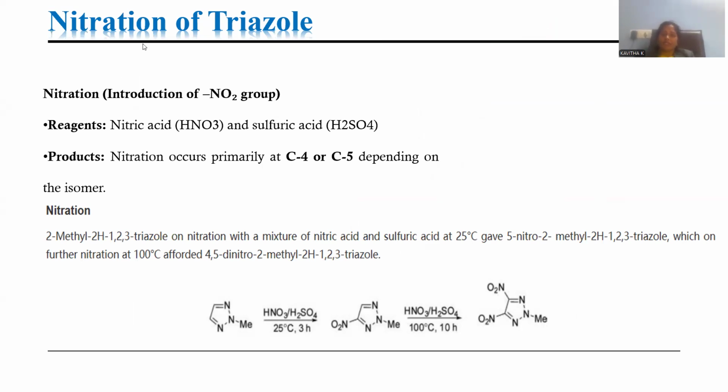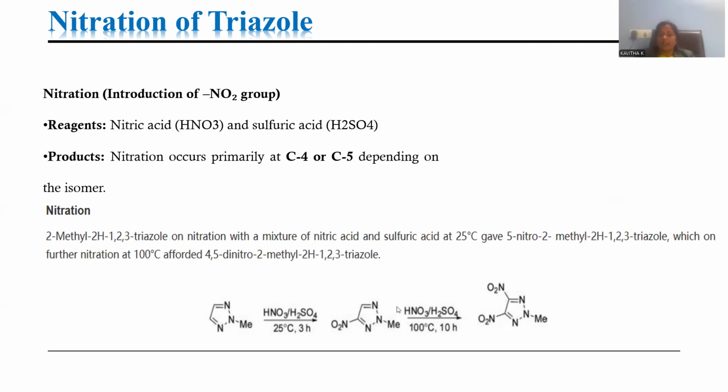Let me perform this nitration. Nitration can be carried out upon this triazole by treating with the nitration mixture. Concentrated nitric acid and sulfuric acid together are regarded as a nitration mixture, and can be operated at room temperature for a period of 3 hours, so that the nitration will be accomplished at position number 4.